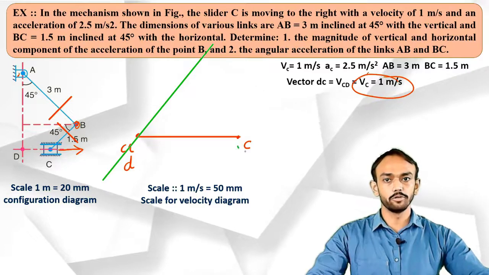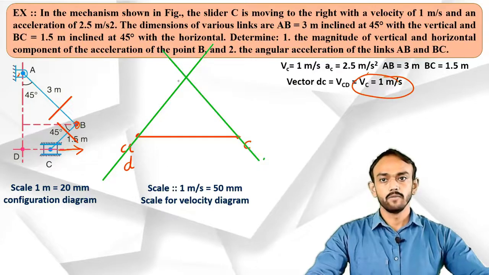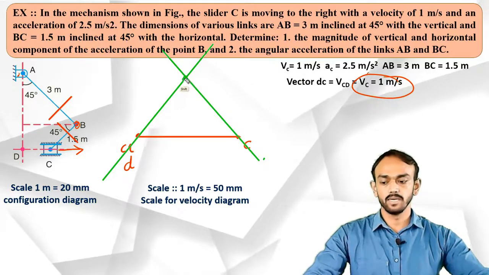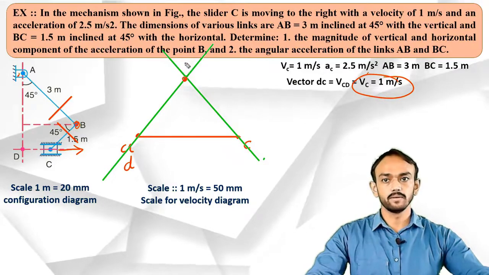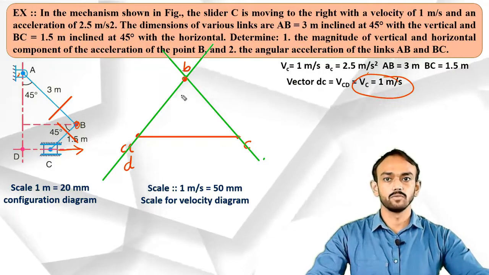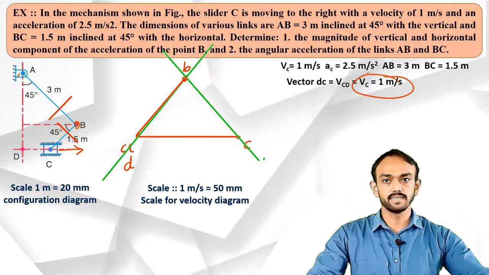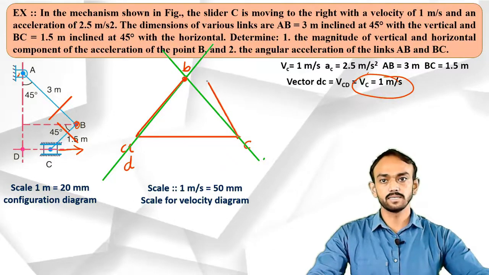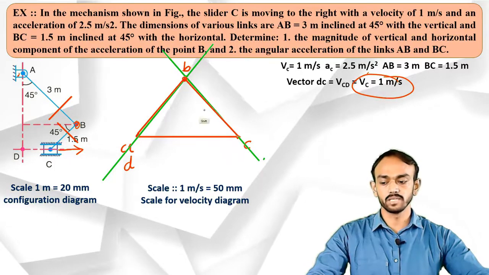We don't know the magnitude, but we know the direction is perpendicular to the link. The intersecting point will give B. You can check here that this AB length is the velocity of B with respect to A, and this vector, the BC vector, is the velocity of B with respect to C.